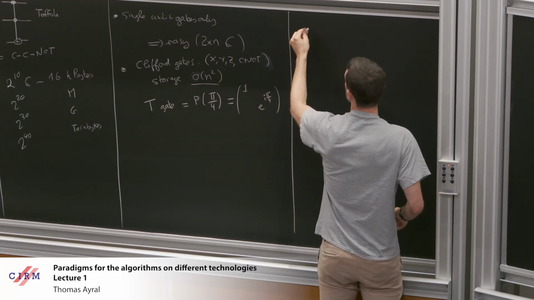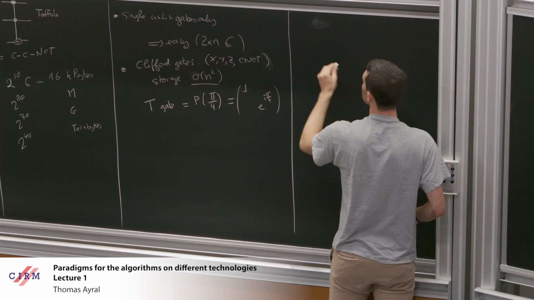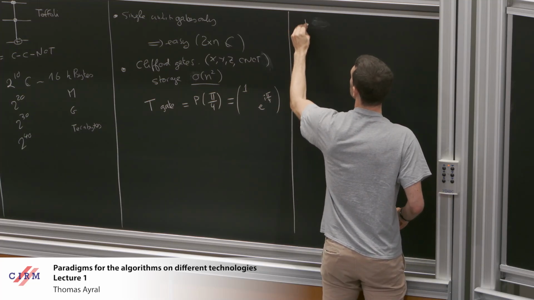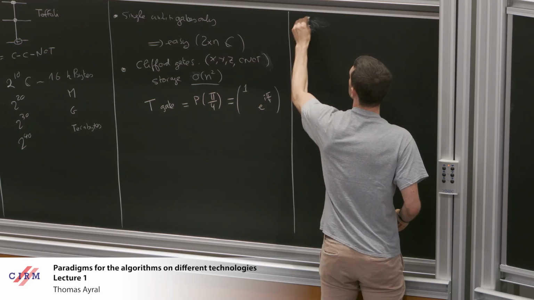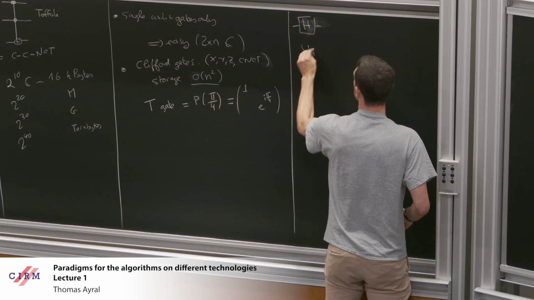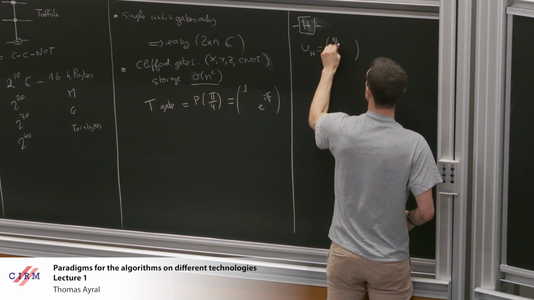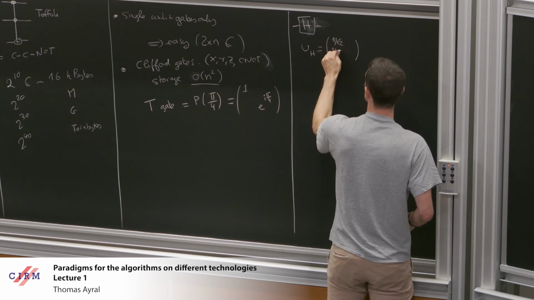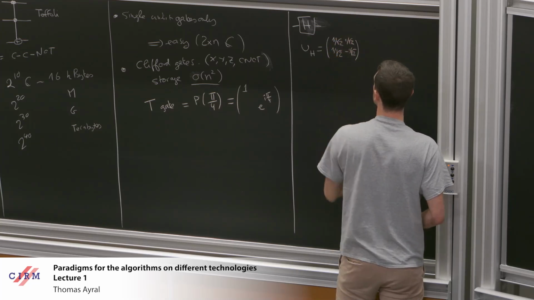Now let's look at a very simple circuit. I'm going to introduce yet another important gate that I didn't introduce yet, which is called the Hadamard gate. Its symbol is H, and its unitary, if I write the corresponding matrix, is 1 over square root 2, 1 over square root 2, 1 over square root 2, and minus 1 over square root 2.